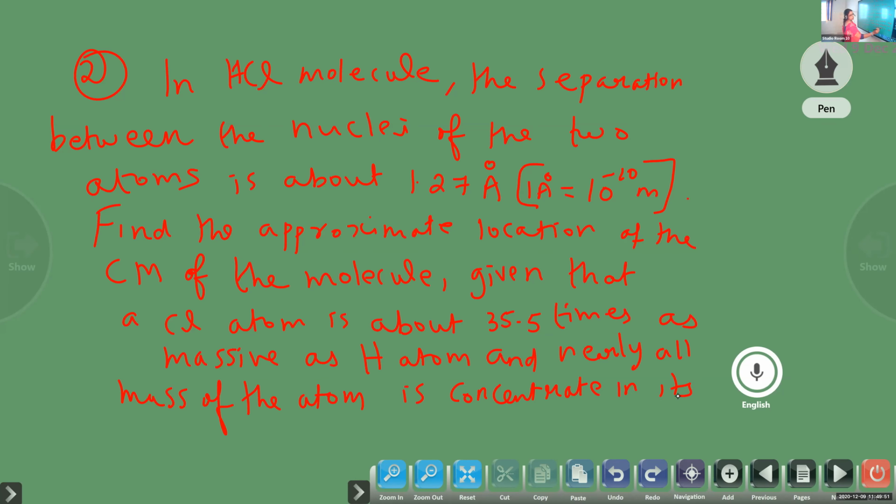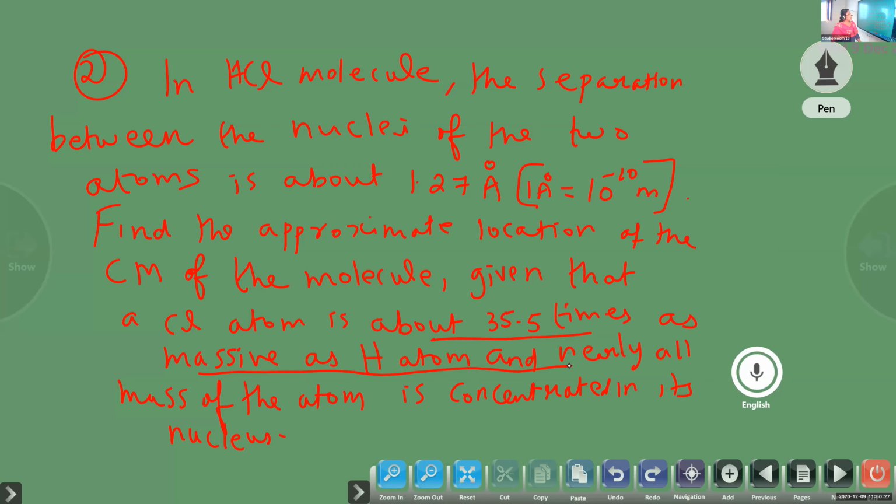The question seems to be very big, but the problem is simple. Only thing, it is given in terms of molecule. So here it is not given in terms of position vector, so it's a direct question, we can just substitute. But only one hint is given that chlorine is 35.5 times the mass of hydrogen atom. That is given as an input. All other things are given to you.